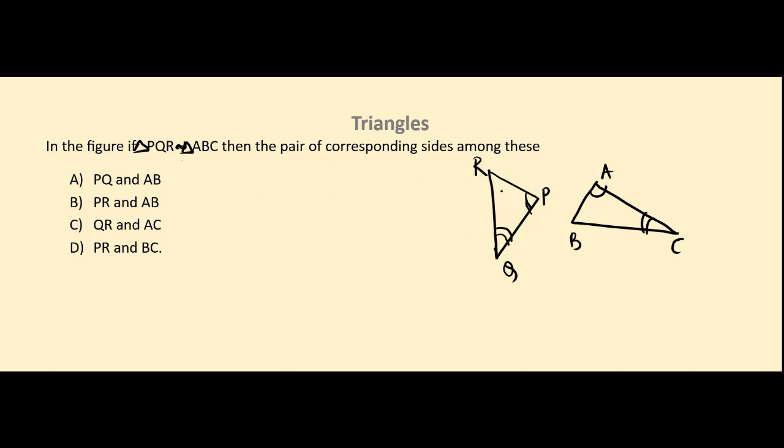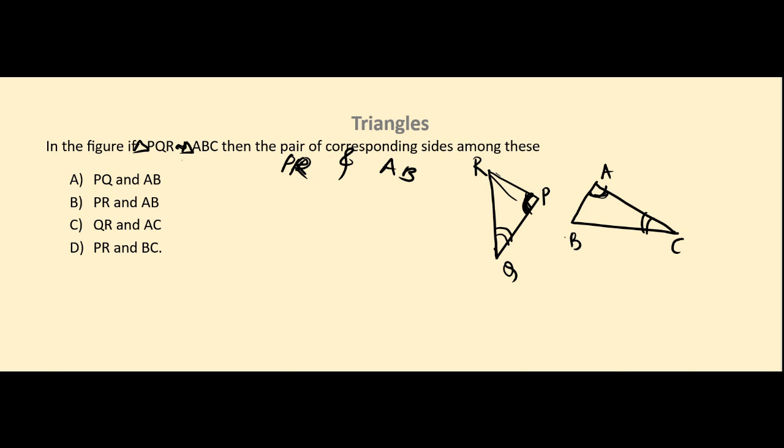How? See here, the side PR, in these triangles they are similar. Here, in this side one symbol, and here nothing is present, so we can write this side A and B, correct? So A and B, one pair.